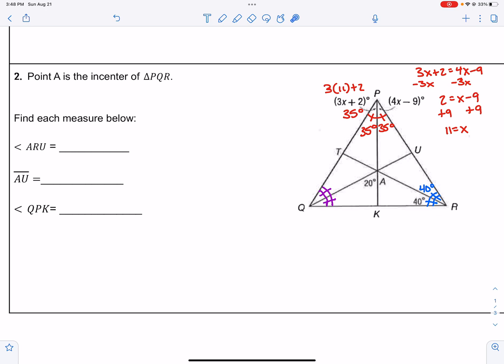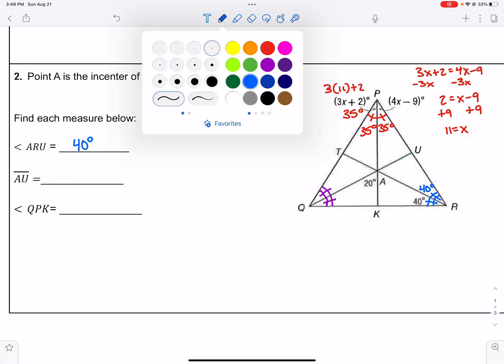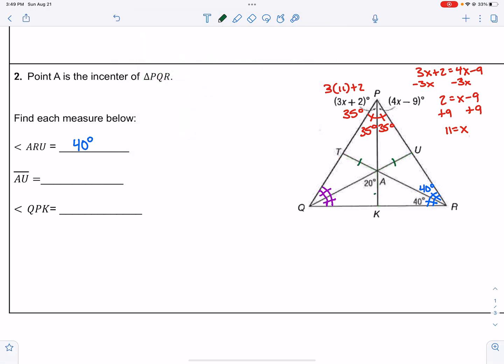So angle ARU is the one we've already labeled as 40 degrees, because that one was equal to the one right next to it. They've asked us to find AU, and I notice in this picture that would equal AK and AT, but we don't have any of those labeled, so let's just fill one in. And let's say those are equal to 15.